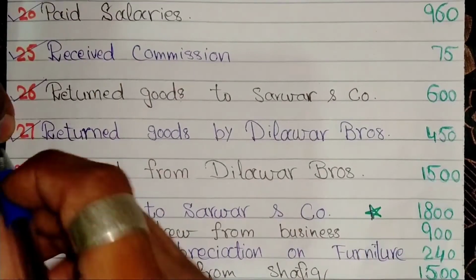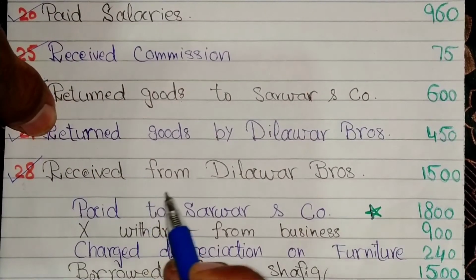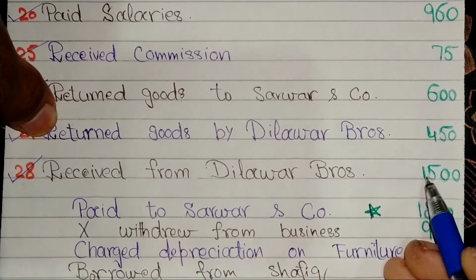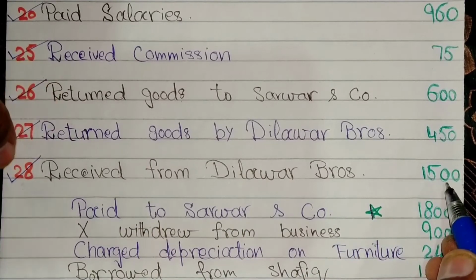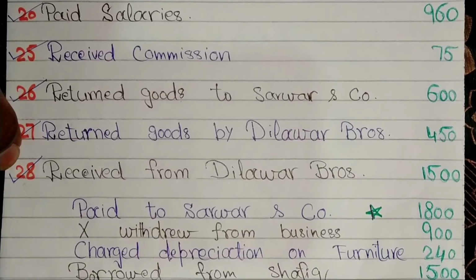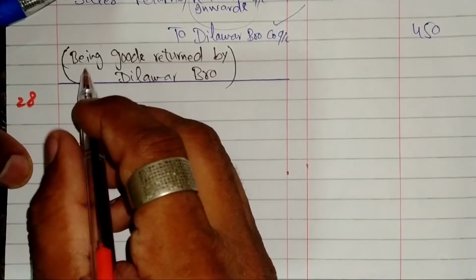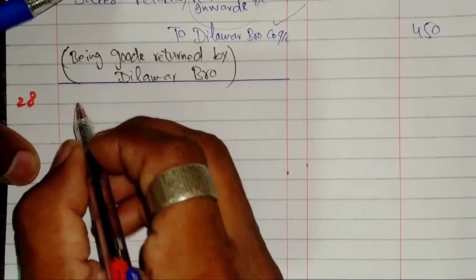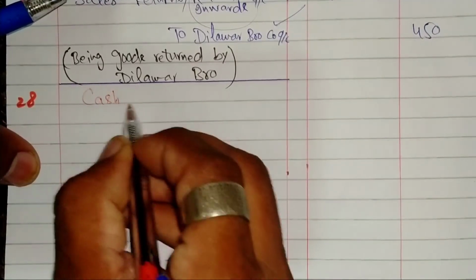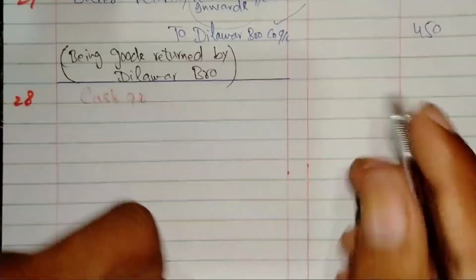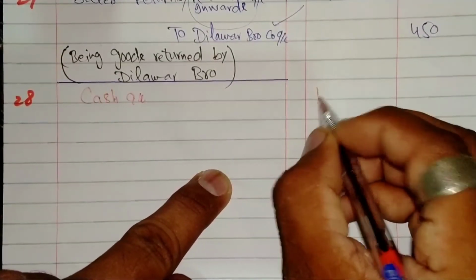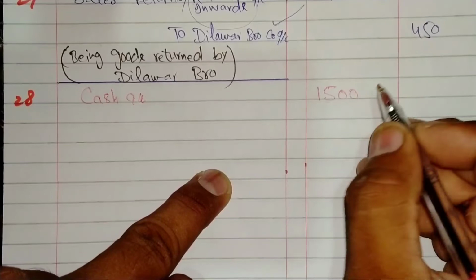Next entry is received cash from Dilawar Brothers amounted $1,500. On 28 February, cash received from Dilawar Brothers, cash account debit amounted $1,500.